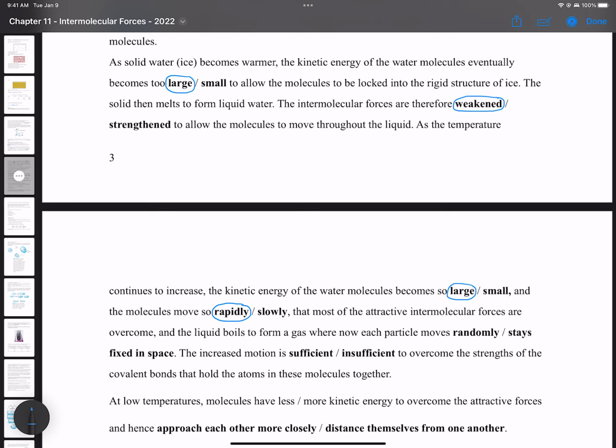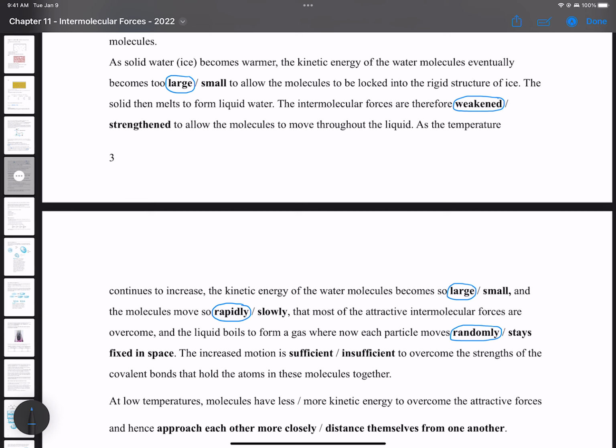And we go from the liquid state to the gas state, where each particle moves randomly, so it's no longer in a fixed position. It no longer has a fixed volume.